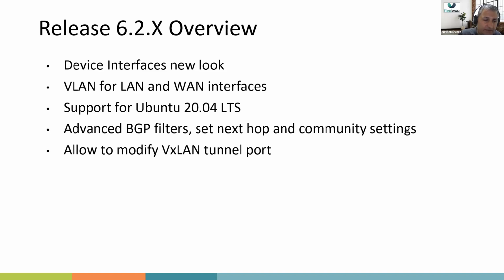So we allow modifying it to any port, and by that overcome this issue with some of the providers. So from here, I will stop the sharing, and Ivo, you can go next.